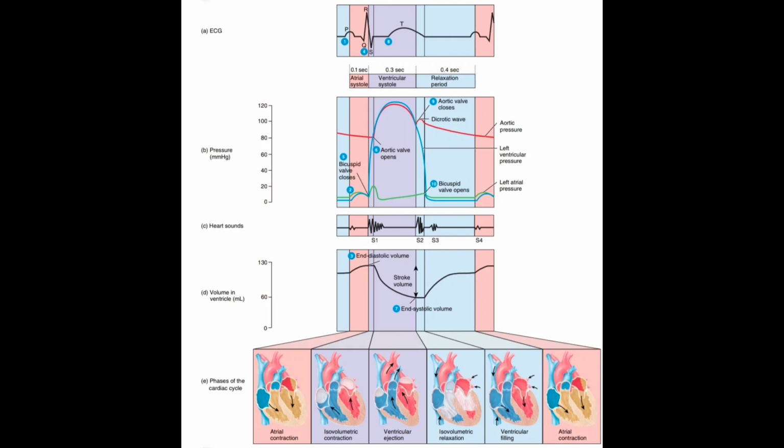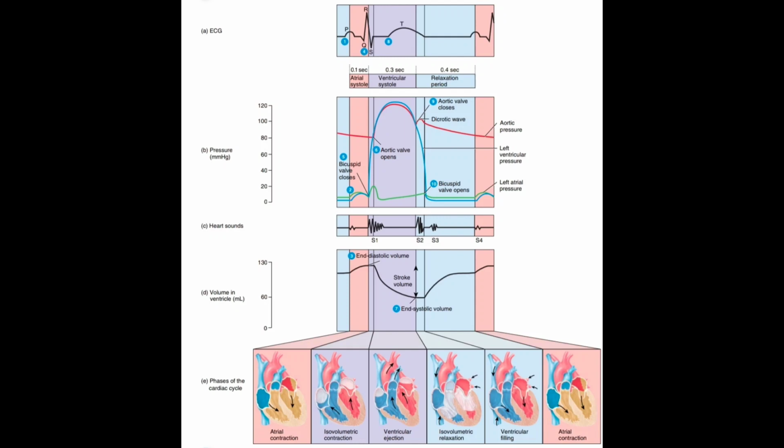Now let's see the first step of the cardiac cycle, that is atrial systole. Atrial systole lasts for 0.1 second only. During atrial systole, the impulse from the pacemaker spreads in the walls of the atria and leads to the contraction of it.